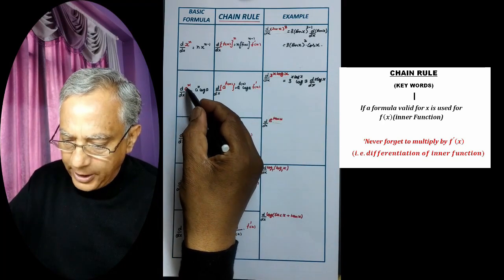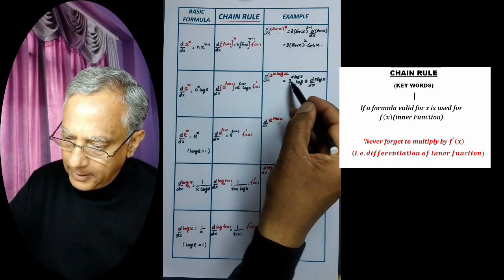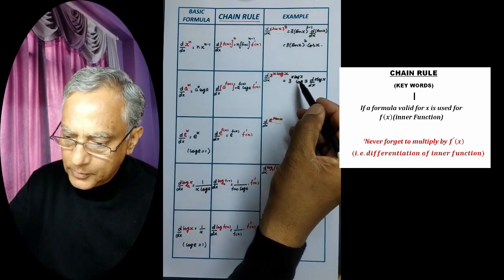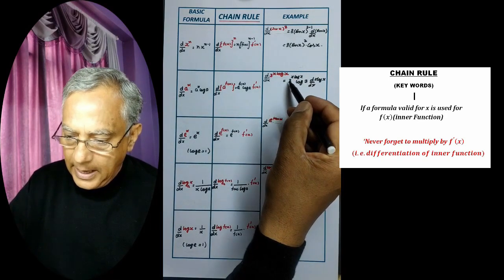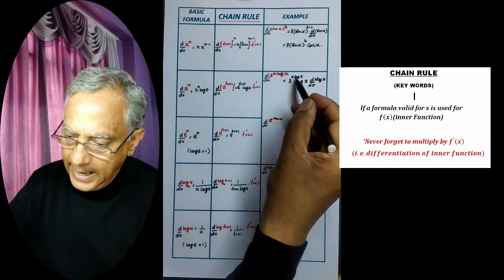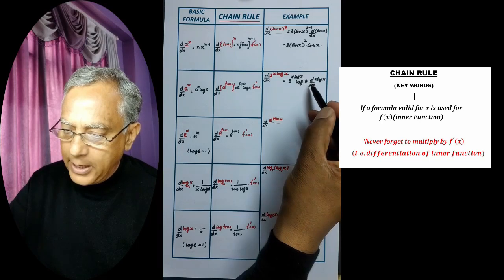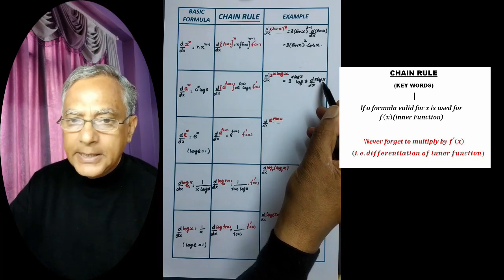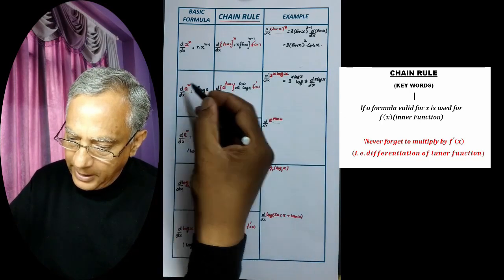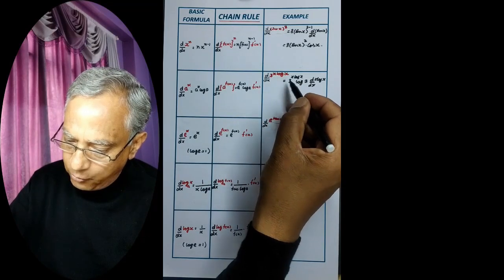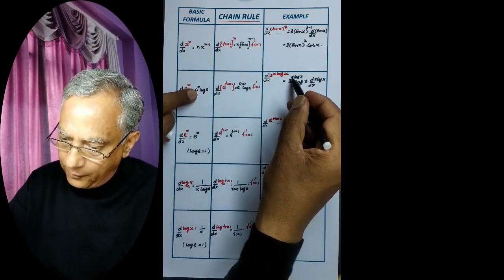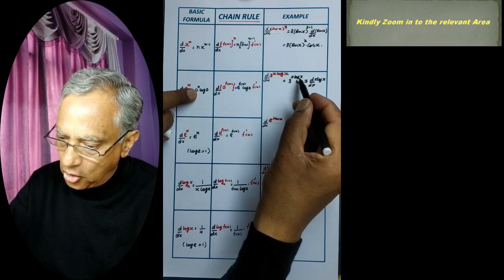d by dx of a to the power of x is a to the power of x into log a, here log 3, and a formula valid for x is being used for x log x, therefore we are multiplying by d by dx of x log x. Instead of x we have this, therefore the formula will remain a to the power of x. Instead of x we have x log x.